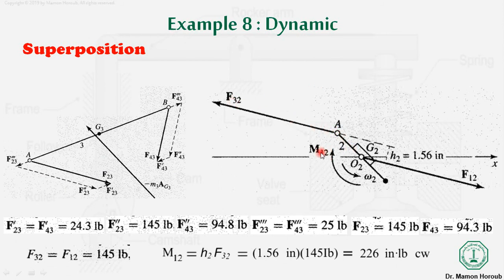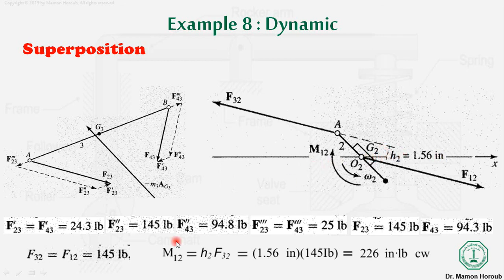In order to cancel the effect of M12, in order for the body to be in equilibrium, there should be another force, that is F12, such that the distance between these two creates a couple and cancels the effect of M12. The distance between these couple forces, h2, is equal to 1.56 inches. We will calculate it by scale.